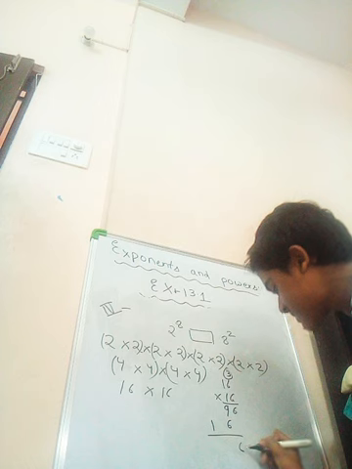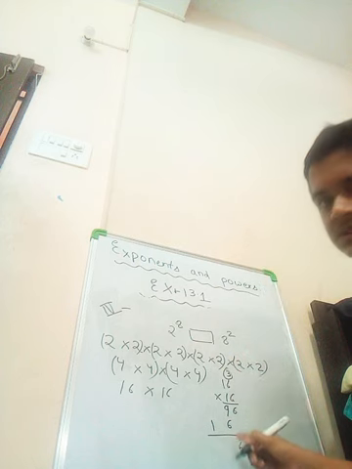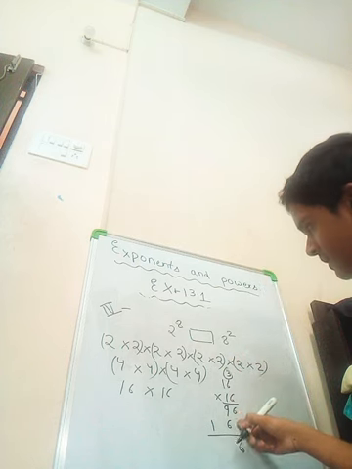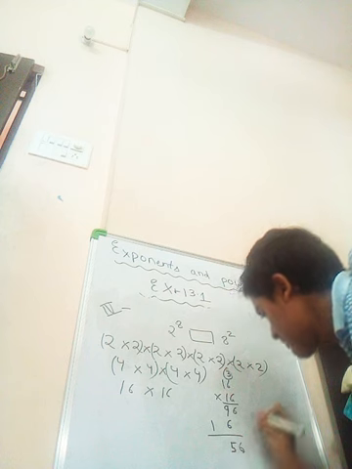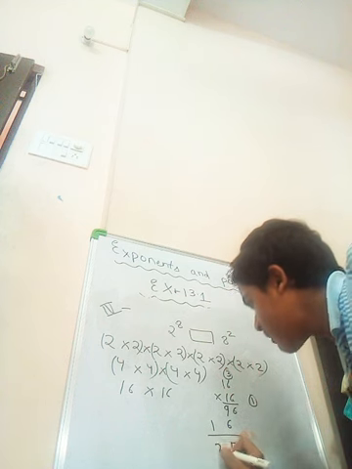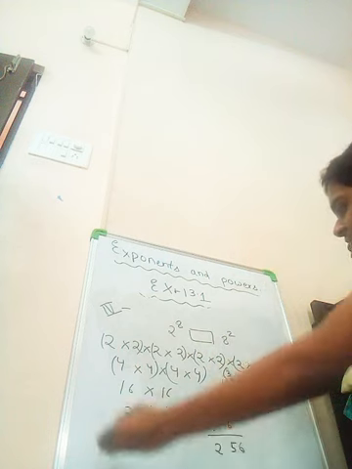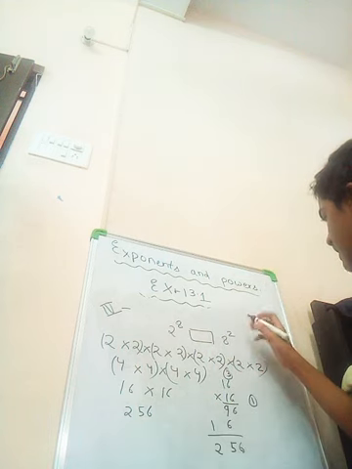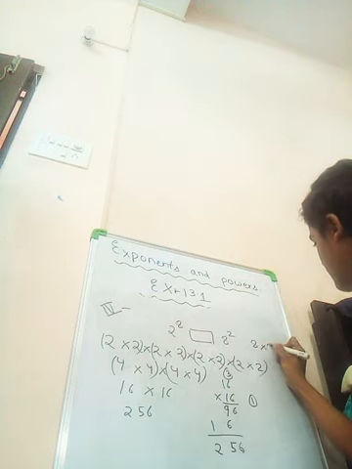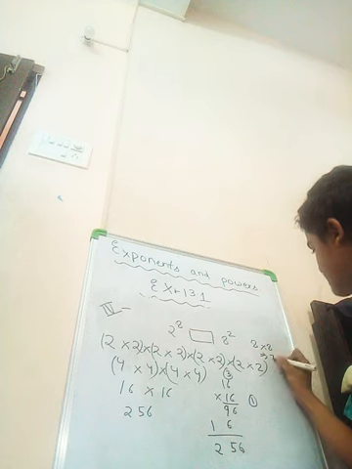So here we got 6, here 6, and here 15. 5 is here, 1 carry over here. So we got 256. So we got the LHS answer 256, and the RHS answer we got: 8 8s are 72.